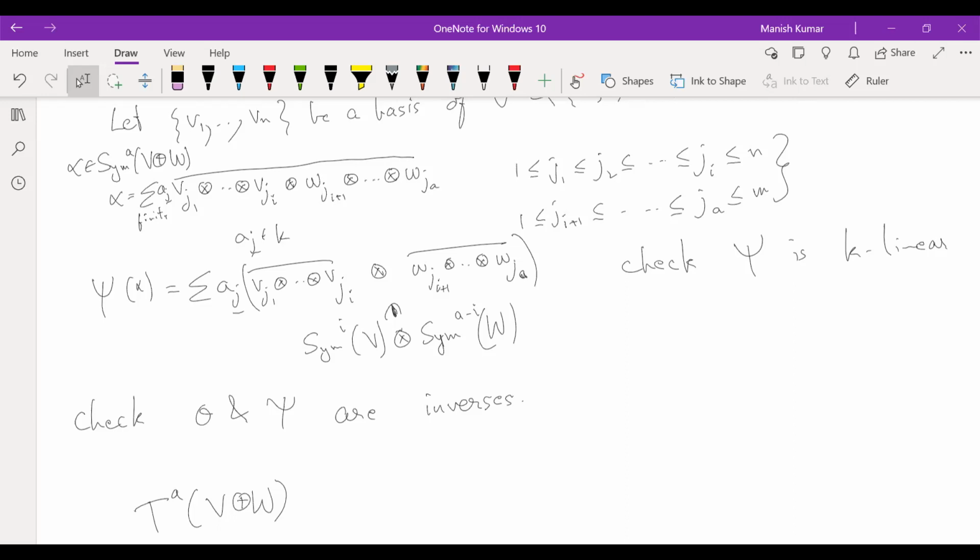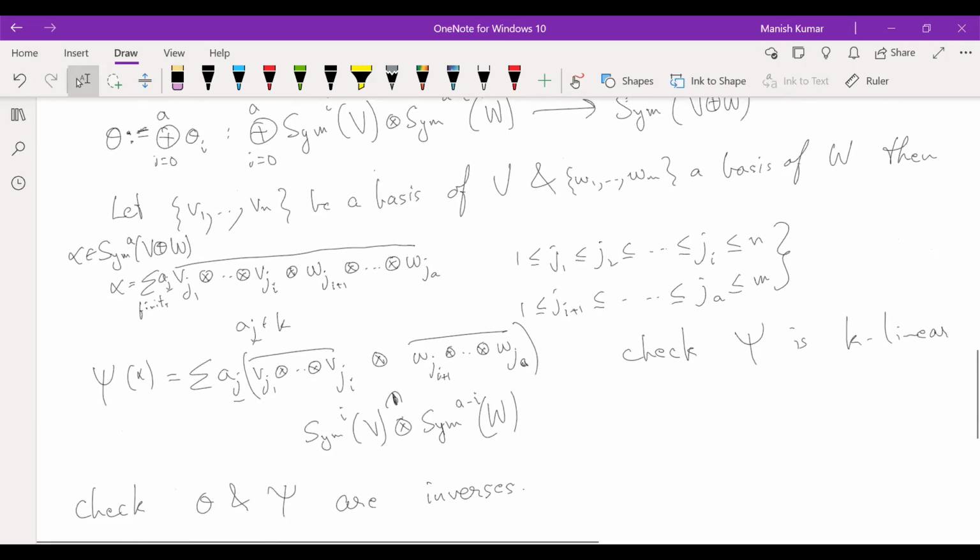Here these elements of V and W can be in any order. It is not necessary that V's are grouped together and W's are grouped together. But for all such elements, we can pick a representative where V's are together and W's are together. So isn't it clear that it is well defined?